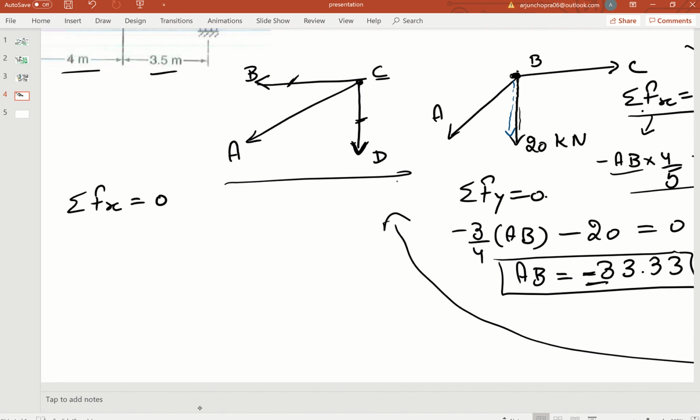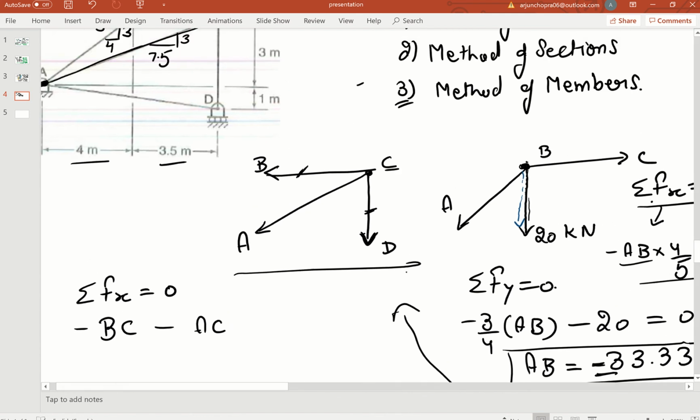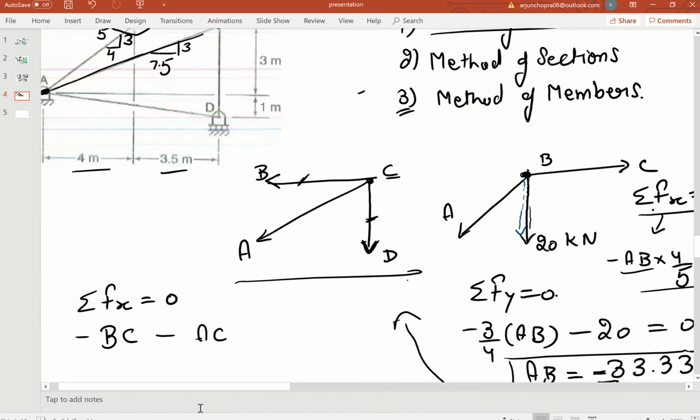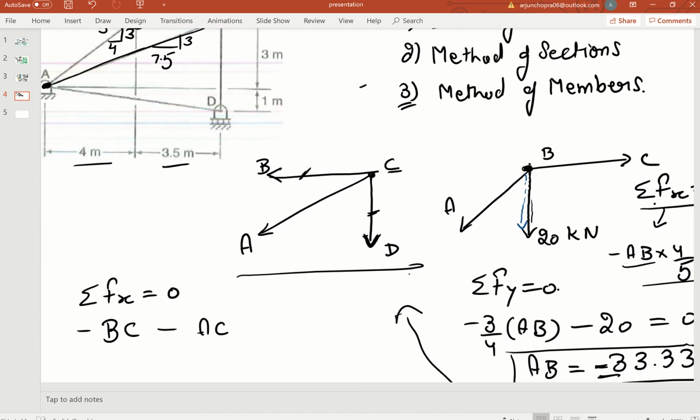So in this I can write BC, which is acting in the negative direction, minus AC, and then I need the slope of this line. The slope is given to me: 7.5.